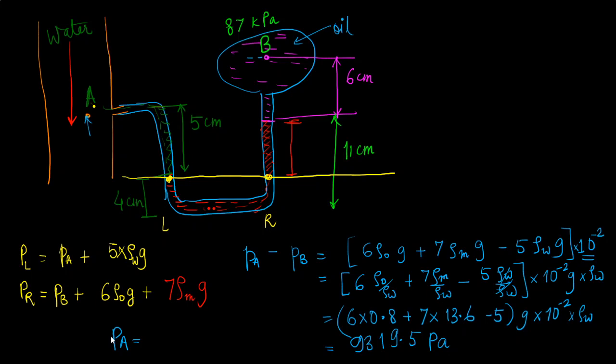Yes, sir. We are getting it. So it comes out to be 96.32 kilopascal. The pressure at point A comes out to be 96.32 kilopascal. Okay.